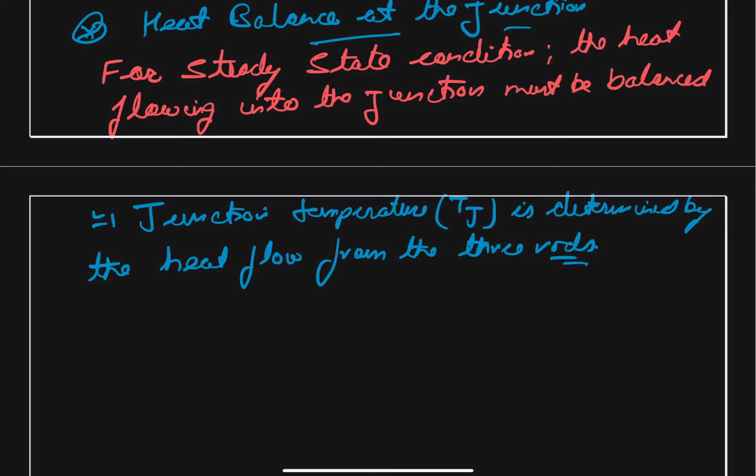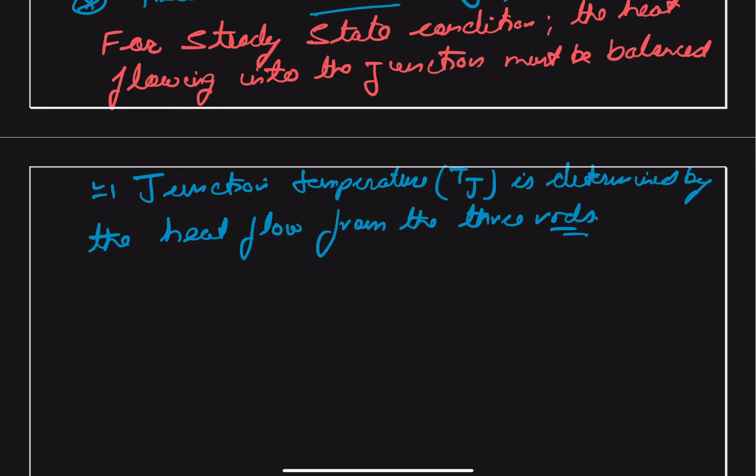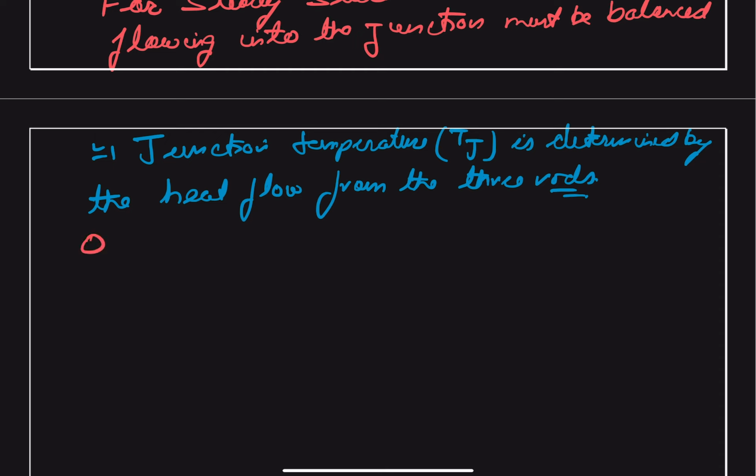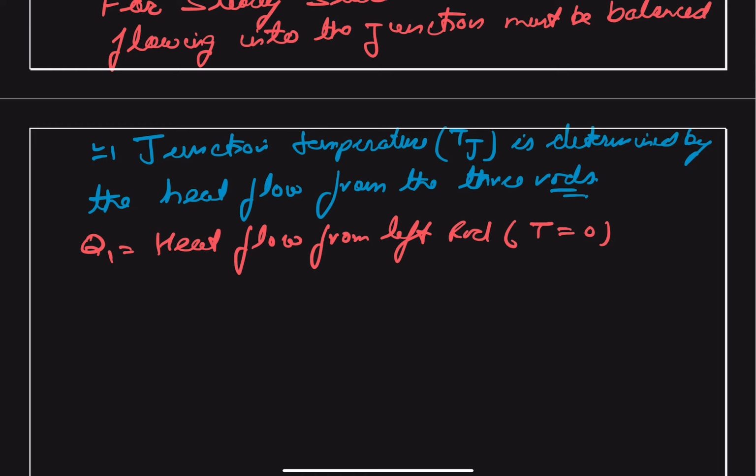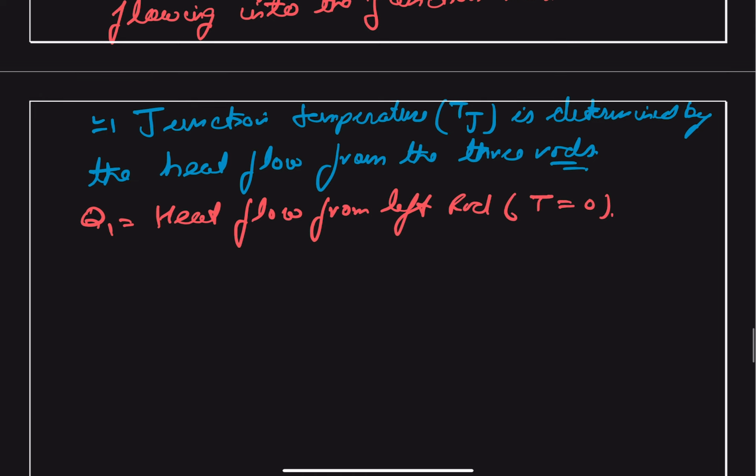And we have three rods, so let us assume that Q1 is the heat flow from the left rod, whose temperature is given as 0. Let us call this T left.